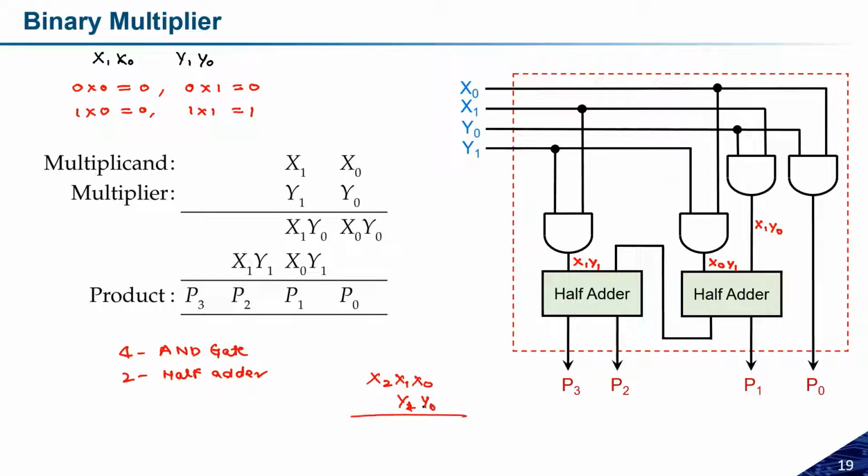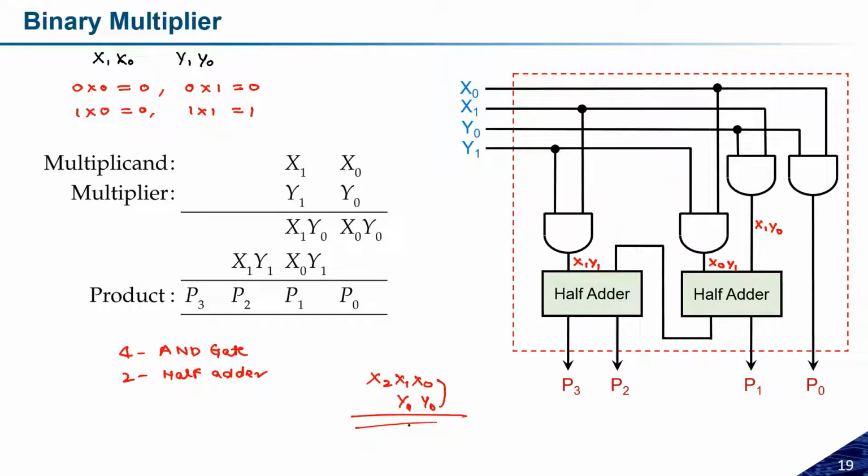Simply, the first term will be y0 x0, the second one x1 y0, the third one x2 y0. Then you need to multiply y0 into x0, then y0 into x1, plus y0 into x2, and y1 into x2, and then you will do the same kind of addition, and you will need half adders and other things.